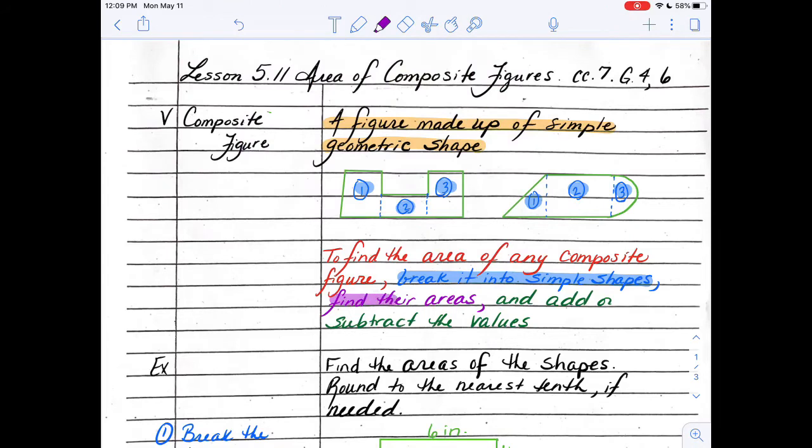So remember your base times height if it was a rectangle, or 1/2 the base times the height if it was a triangle, or if it's a semicircle, half a circle, half the pi times radius times the radius. And then once I found the areas of all of those shapes, all I'd have to do is put them together to add or subtract the values. If there was something cut out, I would subtract it, but otherwise I would add those together.